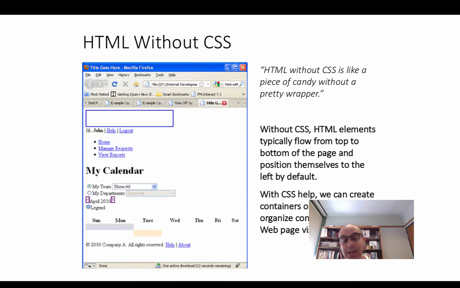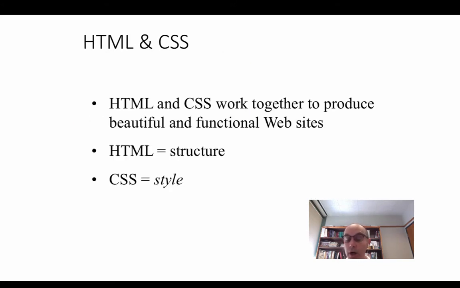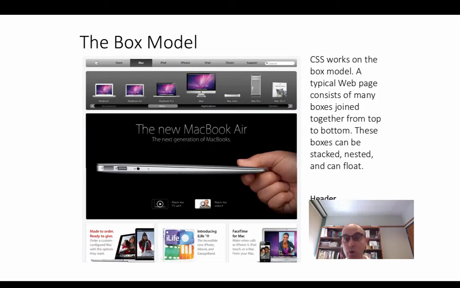The style sheet allows us to override this default and control the design elements. So it works together with the HTML. The HTML gives the structure, but the style sheet gives us the style, and that's the beauty of it.